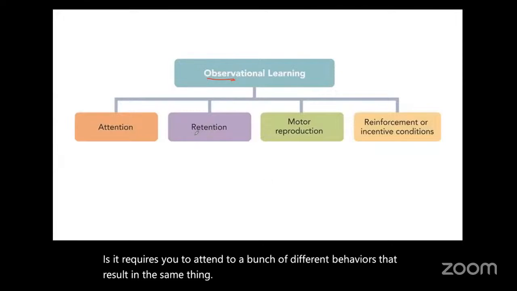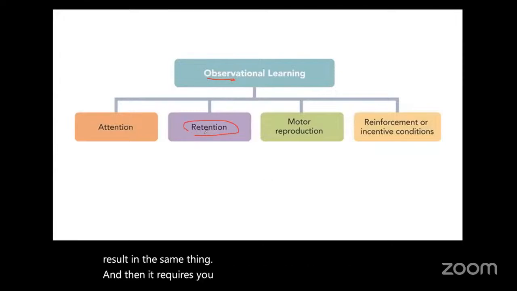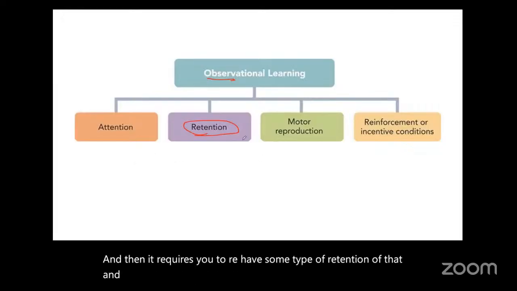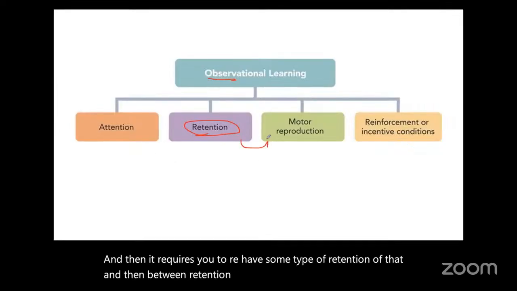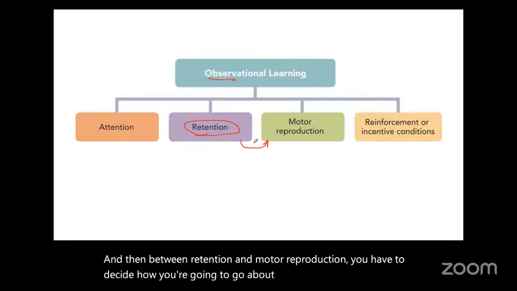And then it requires you to have some type of retention of that. And then between retention and motor reproduction, you have to decide how you're going to go about that behavior.